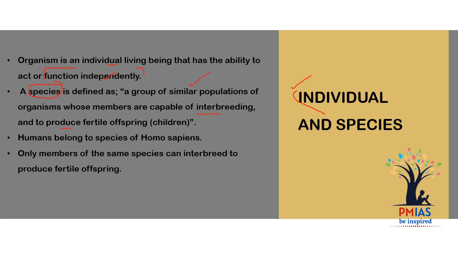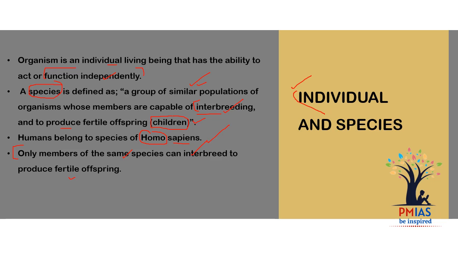To put it simply, in two words: it is a group of similar populations that are capable of interbreeding. So if interbreeding happens, it is very much possible to produce offspring. See here the example: humans belong to the species Homo sapiens, and this is the golden point.